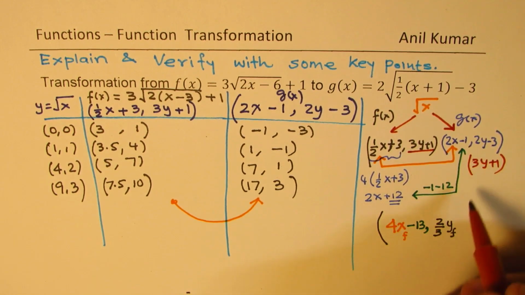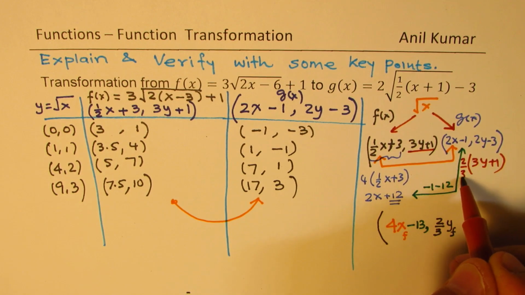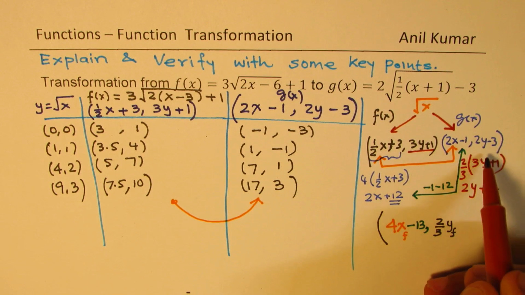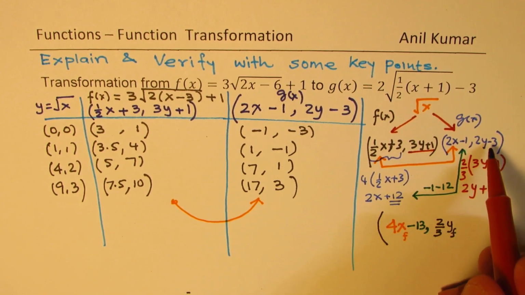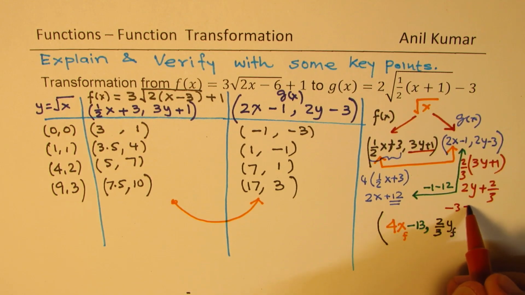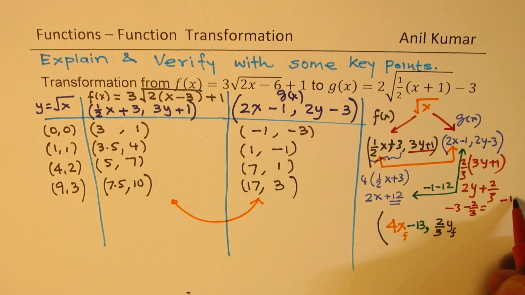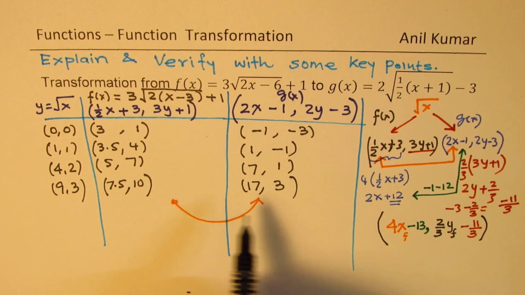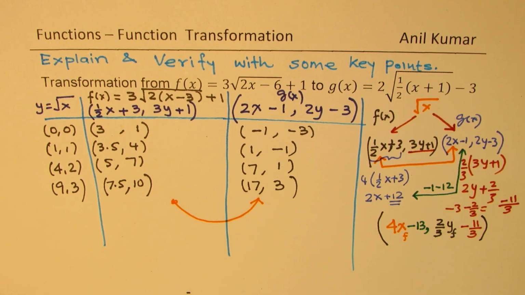If I multiply this by 2 over 3, I get 2y plus 2 over 3. But here we have minus 3. So that means minus 3 minus 2 over 3. So 3 times 3 is 9. 9 minus 2 is 11. So we get minus 11 over 3. So this part should be minus 11 over 3. Is that clear to you? So that is the transformation when you go from f of x to g of x.